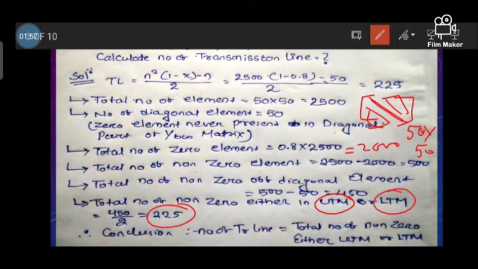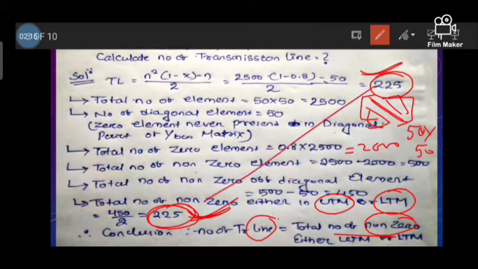Likewise, for the lower triangular matrix, the number of elements is 225. So the conclusion of this: the number of transmission lines is equal to the total number of non-zero elements in either the upper triangular or lower triangular matrix, which are the same. So this is your conclusion.